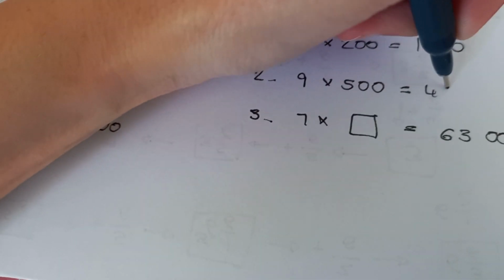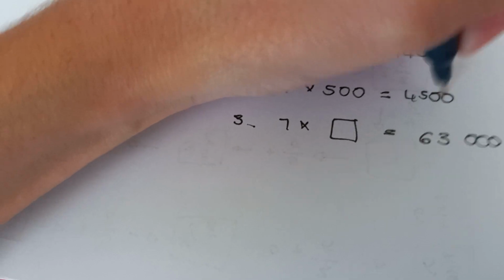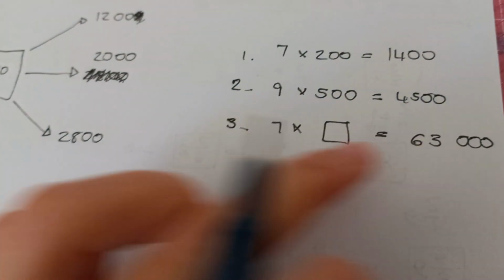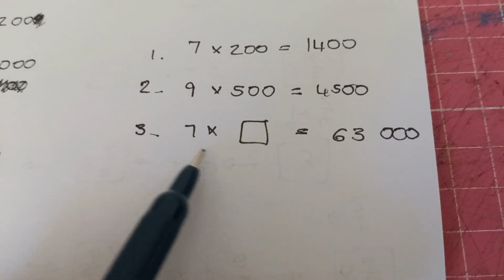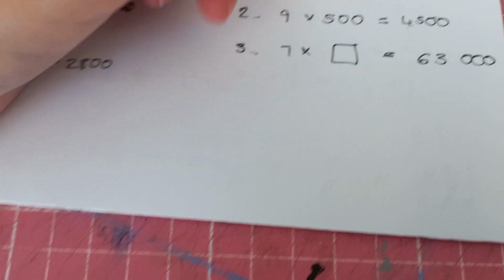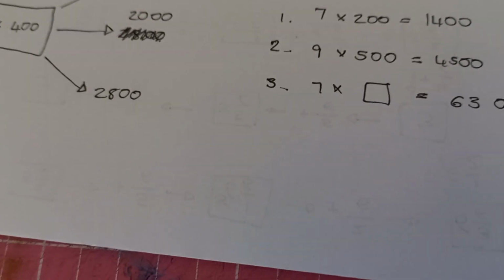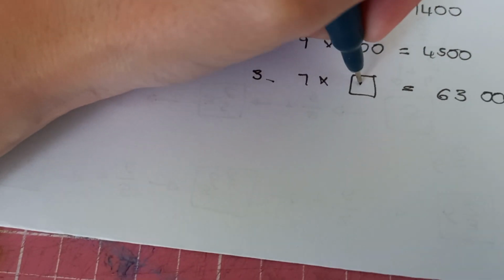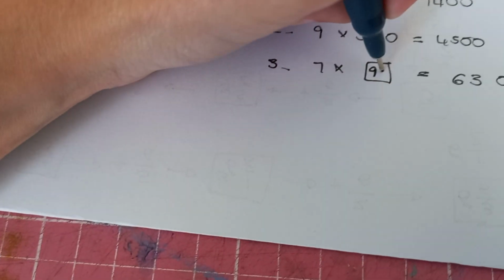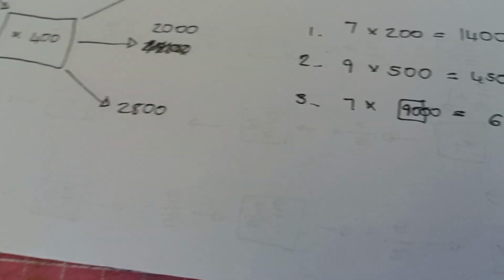Okay, so 45, add your 2 zeros, 4,500. So now we've got 63 over here, 63,000. So we know we've got a 7. So if we had to work the sum backwards, we'd say 63 divided by 7, which will give you 9, plus our zeros back. Should be 9,000, right?